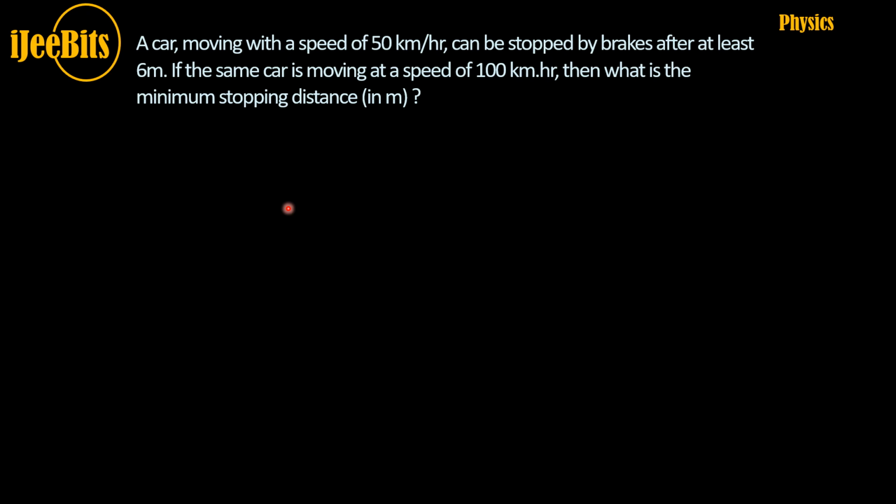See this one. I'm reading out. A car moving with speed of 50 km per hour. So that means we have to convert into meters per second. Can be stopped by brakes after at least 6 meters. If the same car is moving at speed of 100 km per hour, then what is the minimum stopping distance in meters?